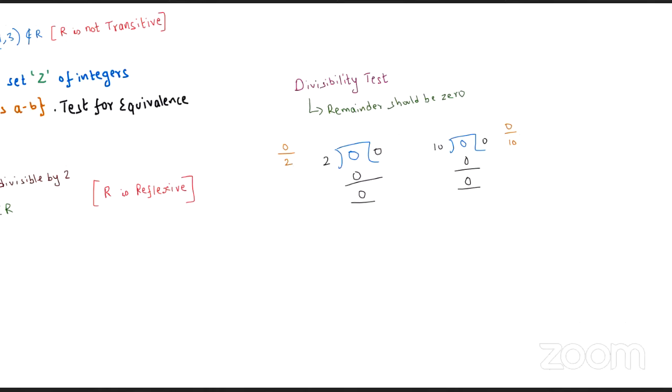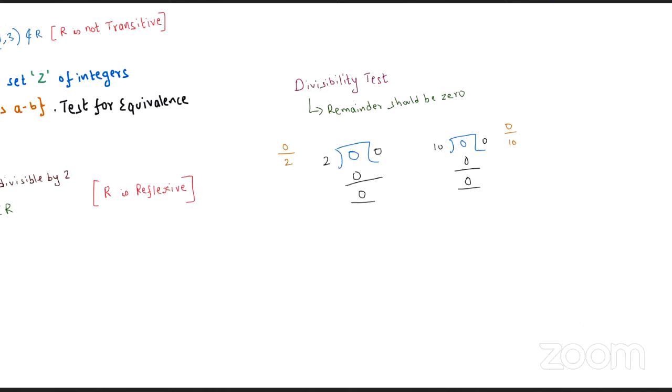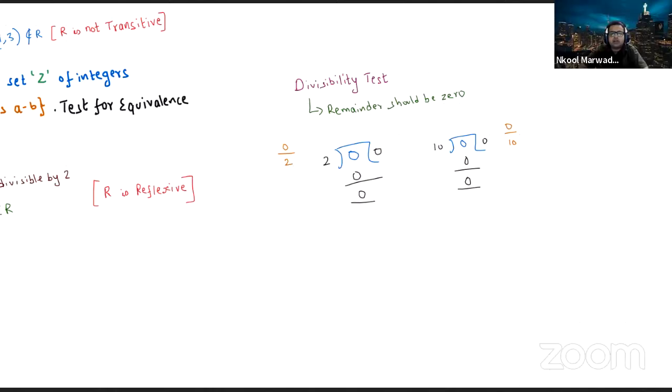Anyway, I thought it meant this. So 0/2. See, 2/0 is impossible. 2/0 is not defined.